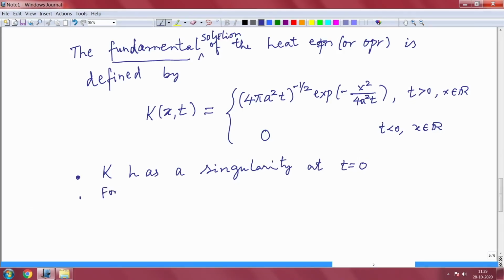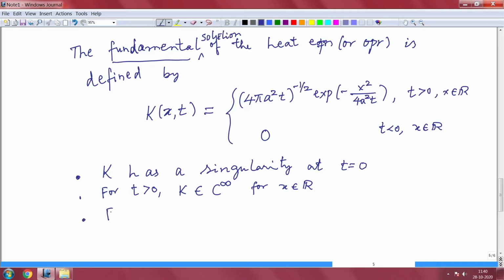For t positive, k is an infinitely differentiable function for x in R, and just now we have seen that.